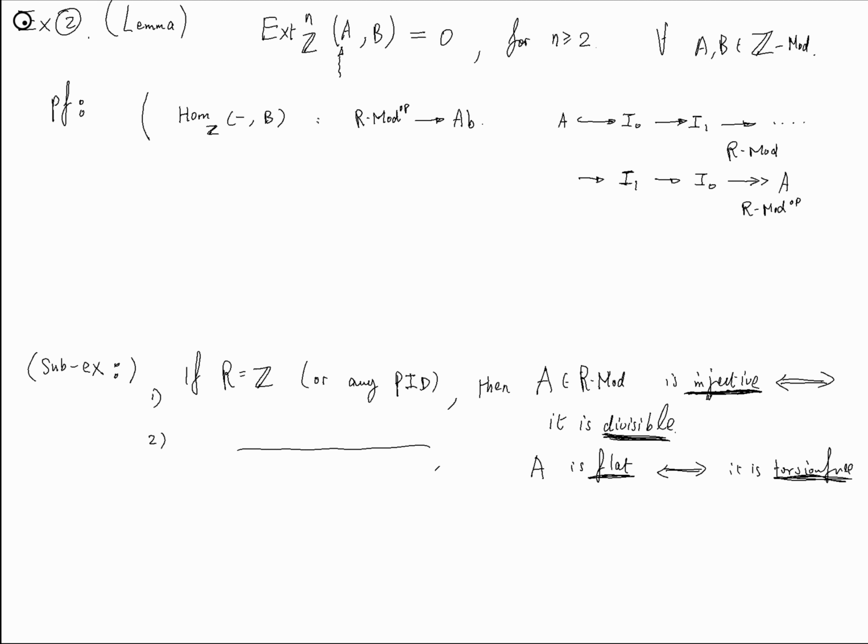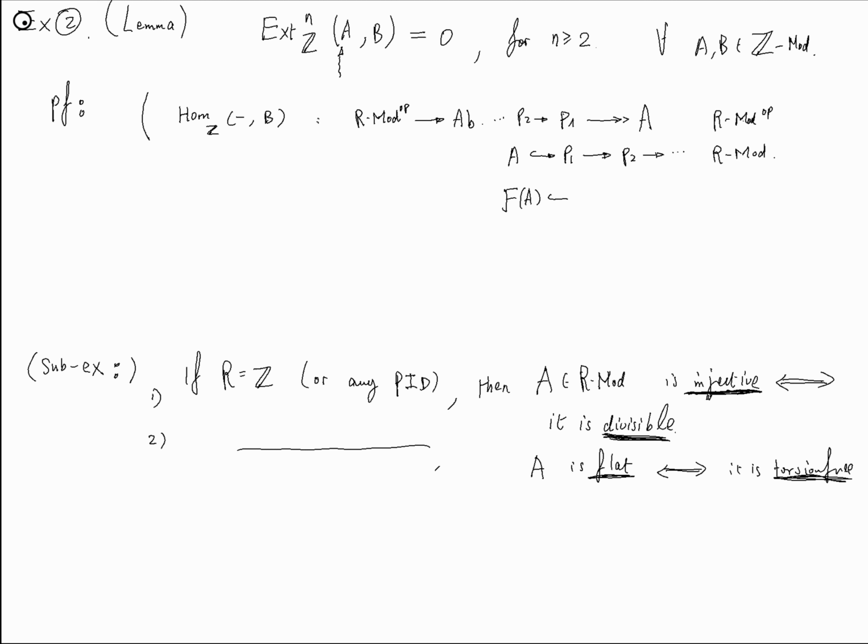Sorry, I got the wrong direction. So if you want to use this, then you should take a projective resolution of A. This is in the opposite category of R-mod, and then this corresponds to an injective resolution in R-mod, and then you have a left exact functor that you apply.